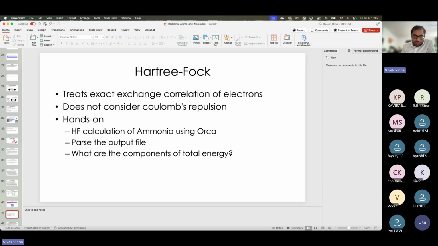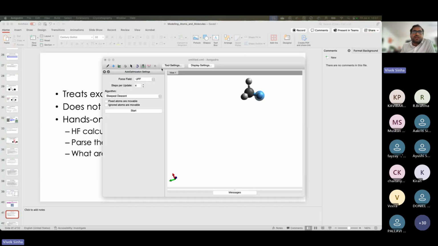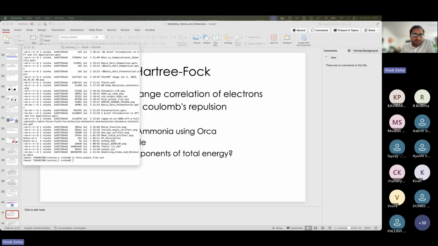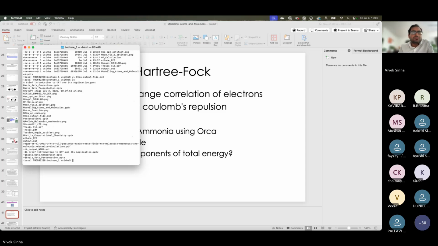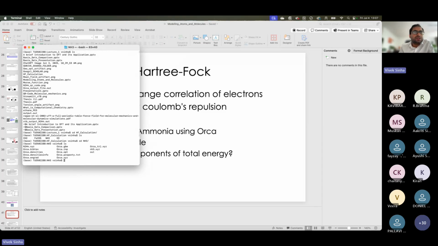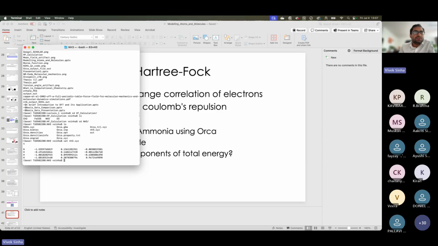What I would suggest is you can create a simple molecular file using Avogadro or any other software of your choice. It's simple, or you can even grab it. Let me check if I have the coordinates available. So you essentially have to save it as an XYZ file.